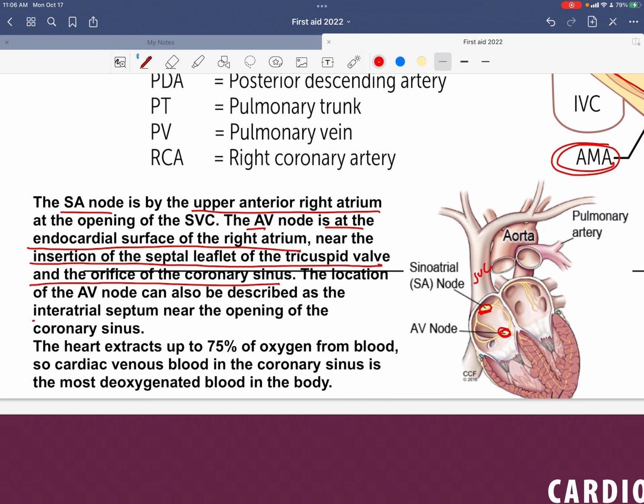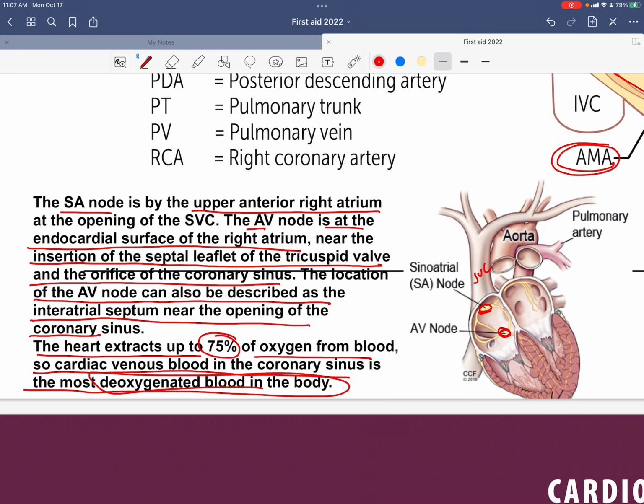Okay, makes sense. There you go. Near the orifice of the coronary sinus, it opens close here. So the location of the AV node can also be described as the interatrial septum near the opening of the coronary sinus. The heart extracts up to 70% of oxygen from blood.